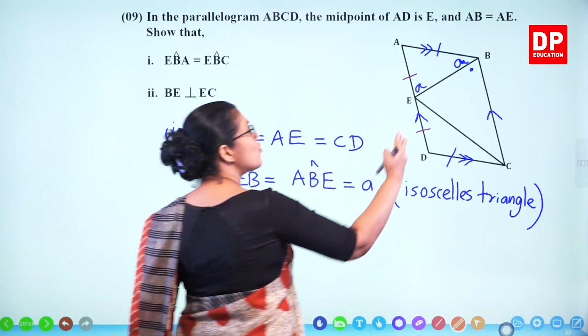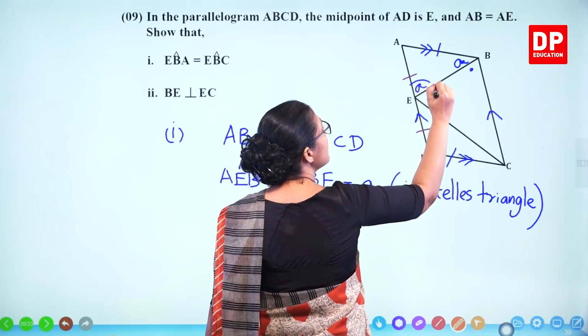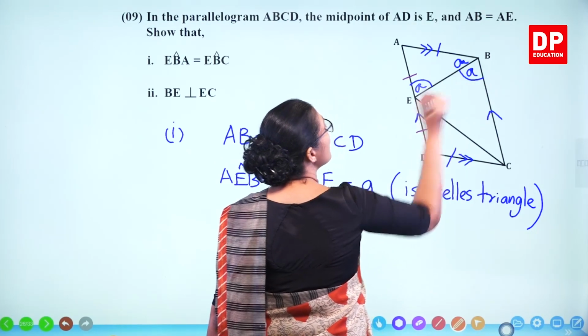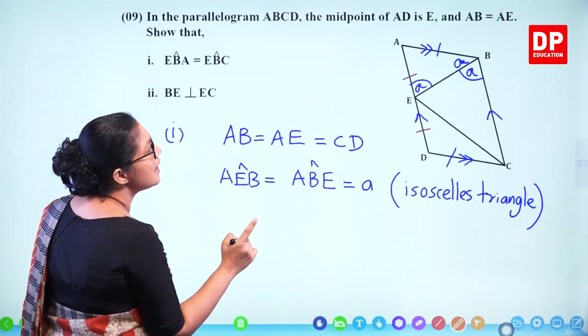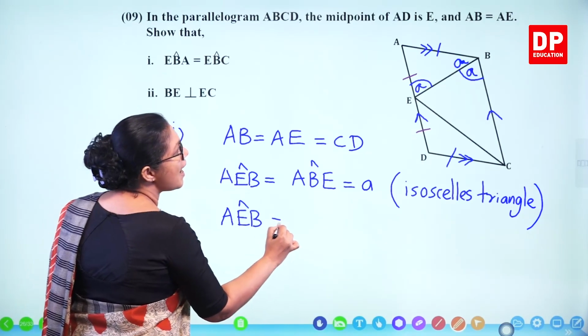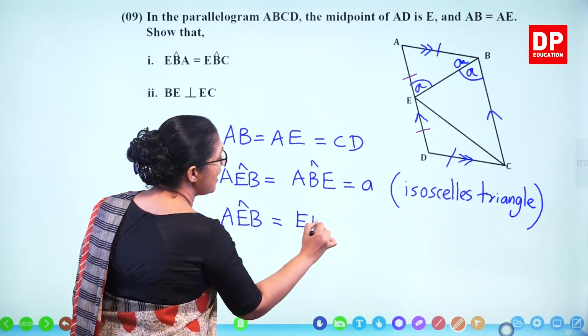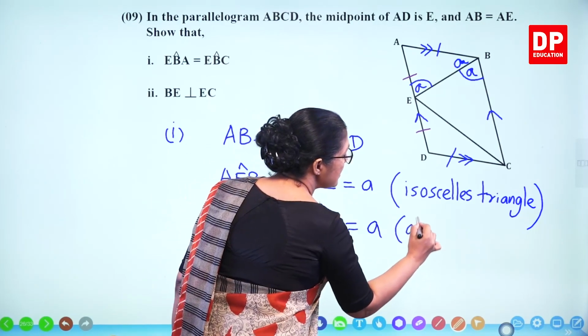But we know these two lengths are parallel because of the parallelogram. This angle and this angle are both equal. AEB angle is the same as EBC angle. Alternate angles.